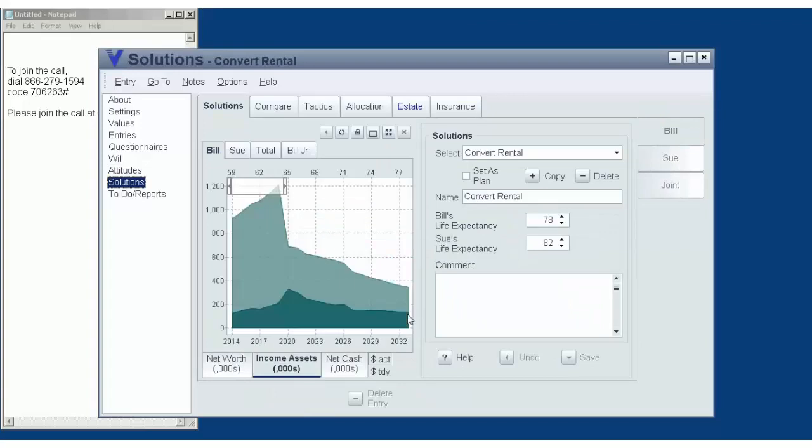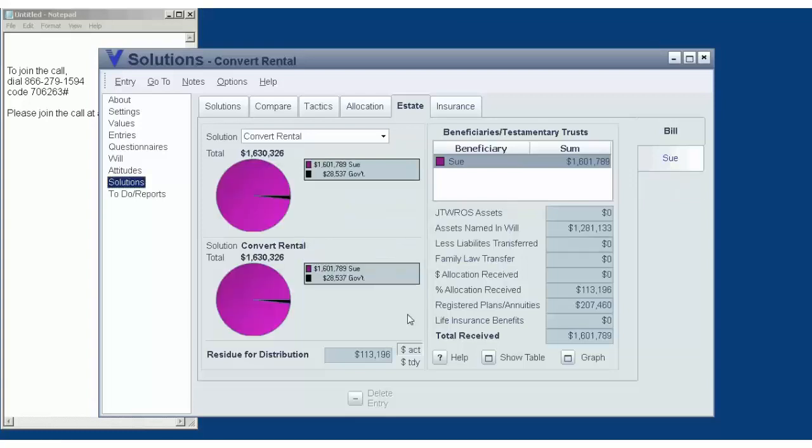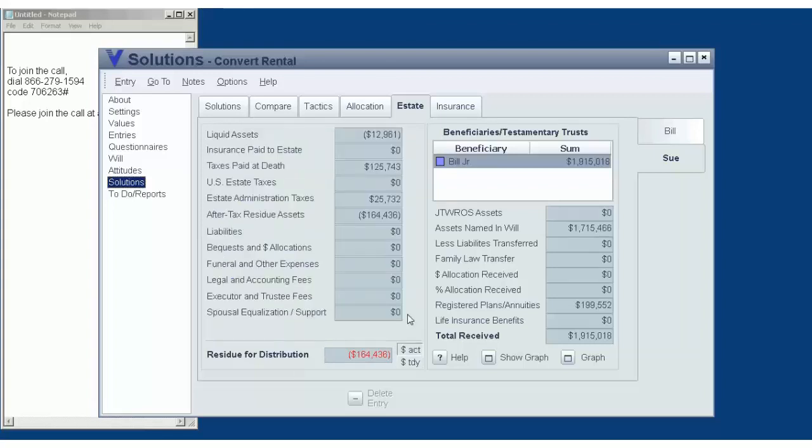So if we go to the estate tab, and we'll have to look at the estate output for Sue, because the residence is going to her, and then eventually Bill Jr. What we see is actually a shortfall in the estate projection. And if I click the Show Table button, it tells us that the liquid assets of the estate are down to not very much. There's still some money in registered plans for her, assets named in the will, the value of the residence.